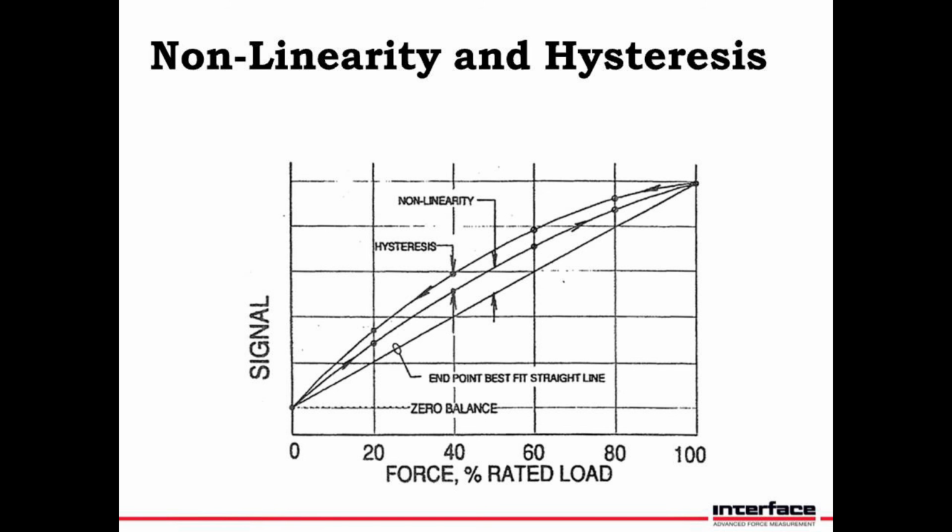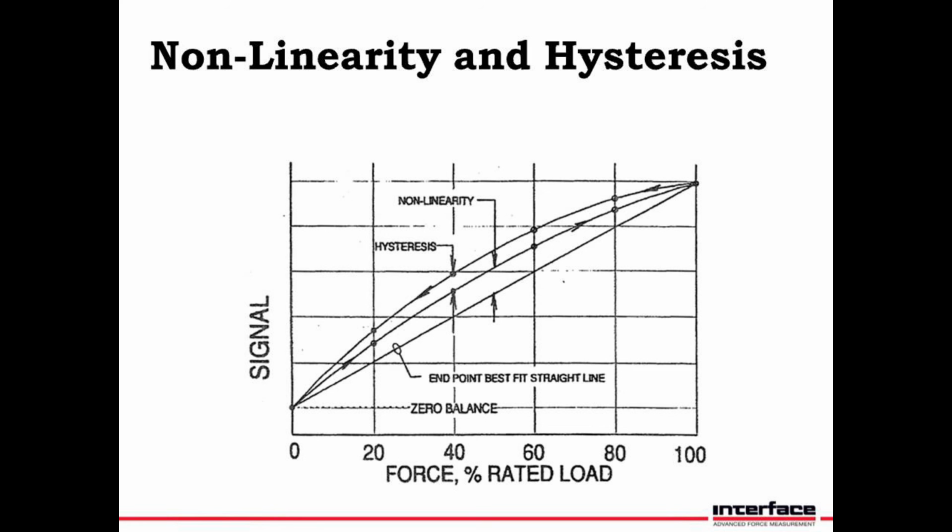So I have talked about nonlinearity, hysteresis, and SEB, but haven't really explained what these are. As we can see here, this is a typical calibration run, and a typical calibration is performed in a 5 up, 1 down run.